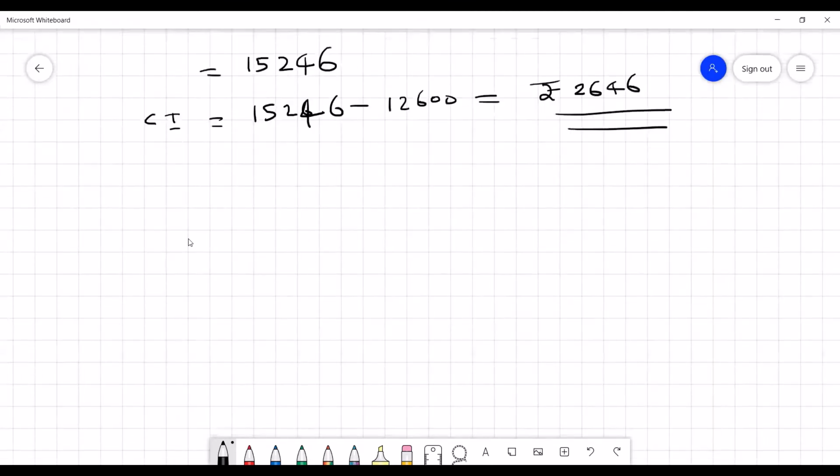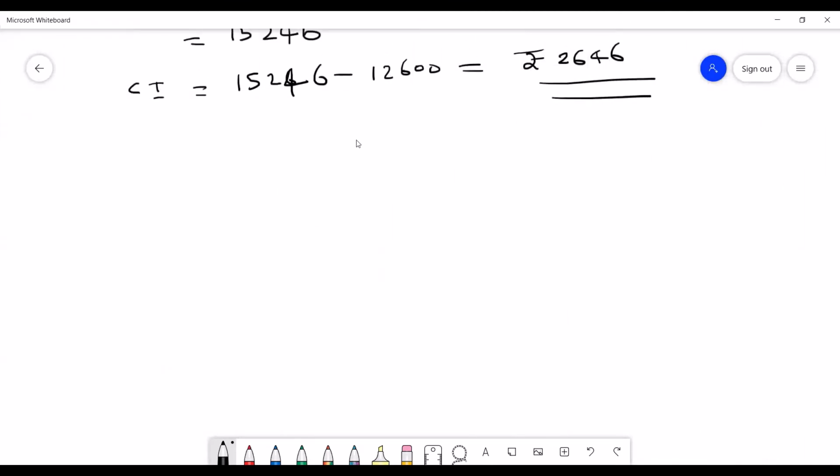Rather than this, the compound interest we have now considered in annual terms, which means yearly. Sometimes it may be half yearly, sometimes it may be quarterly, meaning 3 months, like that.